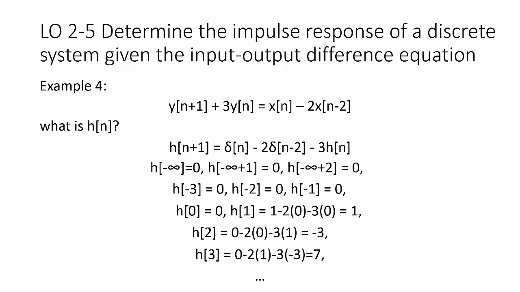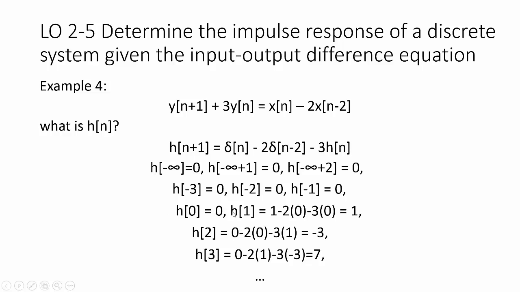Here are all the answers. Solving for your latest h of n, get this equation. Initial rest condition. Write a few steps out. Fast forward. h of 0 for this one is still 0. When n is 0, our equation is h of 1 equals delta of 0 minus 2 delta of negative 2 minus 3h of 0.